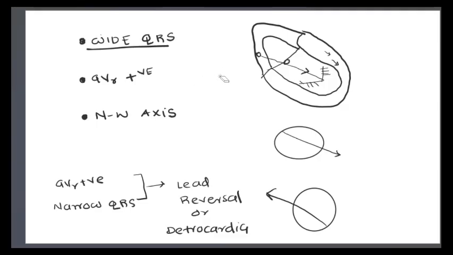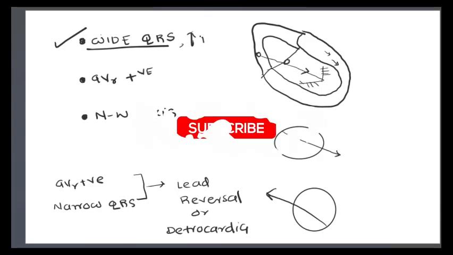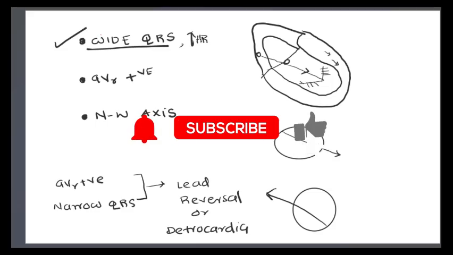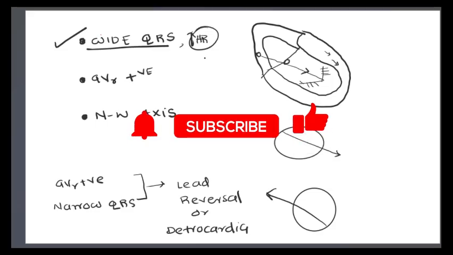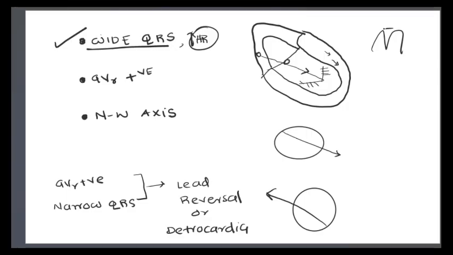In the beginning it can be a wide QRS complex, but as it picks up speed, it would be something like this. I will show you the diagram as well. Obviously it's a tachycardia, so there is a higher heart rate, which means the RR interval is very short.